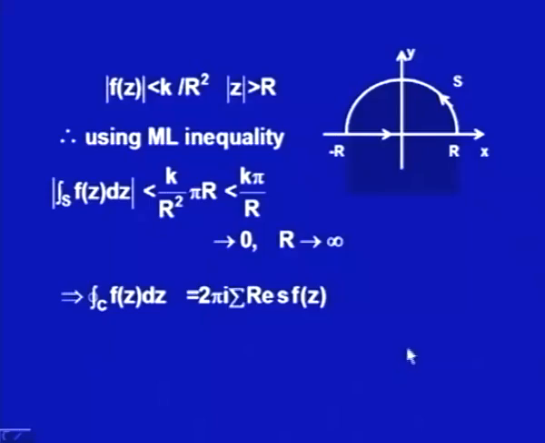Actually, we are saying that if we have to evaluate an improper integral from minus infinity to plus infinity of f x dx, where my f x is a rational function, that is, of the form p x upon q x, where both p and q are polynomials, then the polynomials should not have any common factors, that is, they are reduced polynomials which cannot be reduced further.